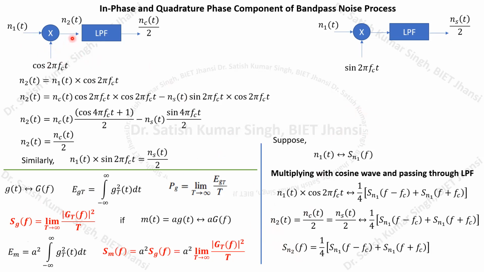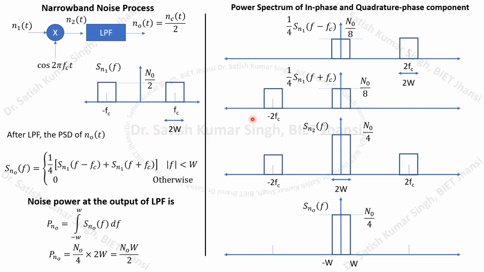Once you pass this particular signal N2(t) through the low pass filter, because of the low pass filter, a certain component is going to be rejected. Some portion is rejected and some portion is retained. That we can see from this expression itself. All the higher frequency components will get rejected. That we have to see here.